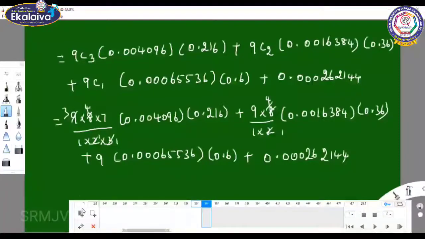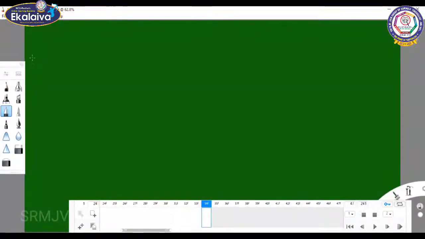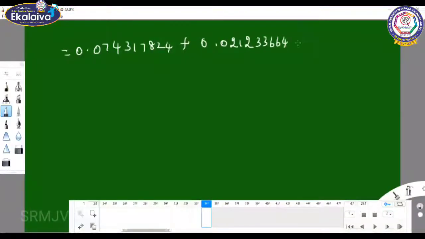What is the value we are getting now? See here: 0.074317824 plus 0.0212 double three double six four, plus 0.00353 8944, plus 0.00262.